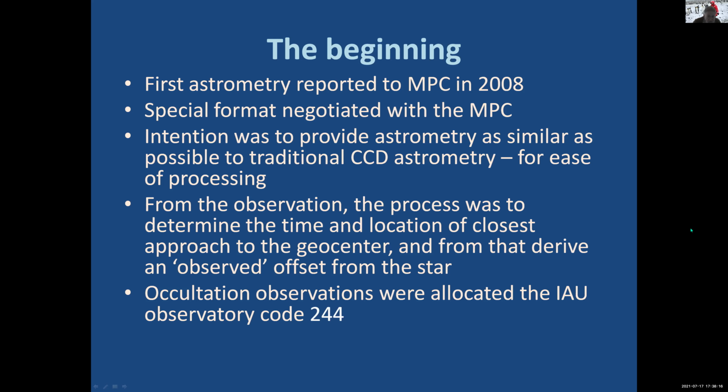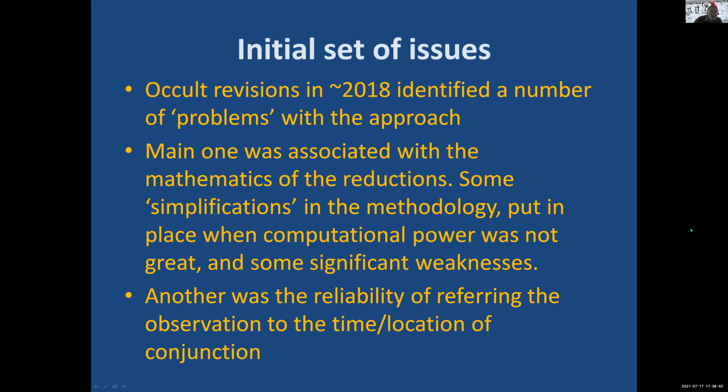And the process was to determine the time and location of closest approach of the shadow to the geocenter, and from that to derive an observed offset from the star. Started doing that in 2008, so that's 13 years ago. And we were allocated the IOU observatory number of 244. And we did that for many years.